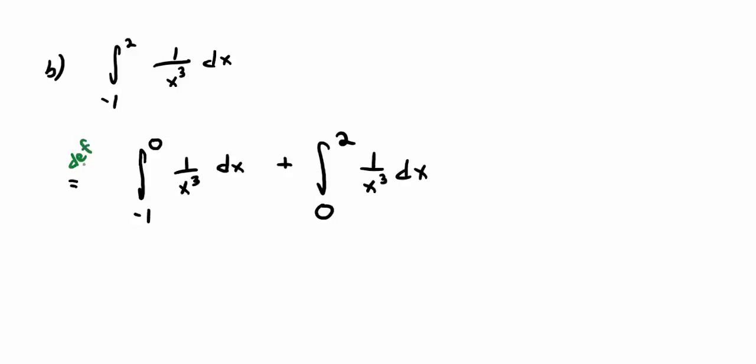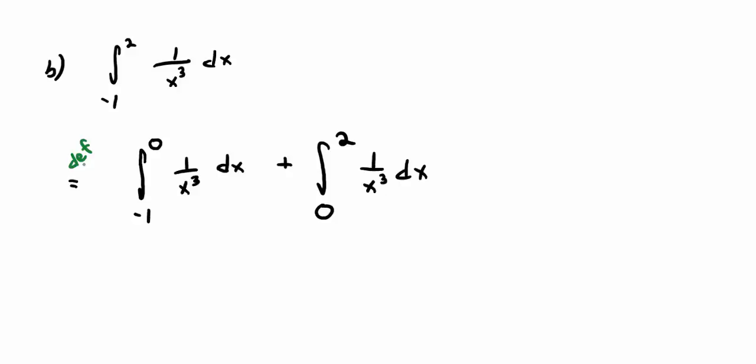Now, in order for it to converge, both of these integrals we've created must converge. If one of them converges to infinity and the other one converges to minus infinity, you might think it's an indeterminate form. No. By definition, both of these have to converge for the integral to converge to a finite number. Which means if it doesn't converge, all you've got to do is evaluate one of these integrals, and if it doesn't converge, you're done.